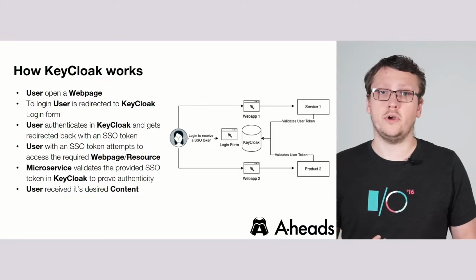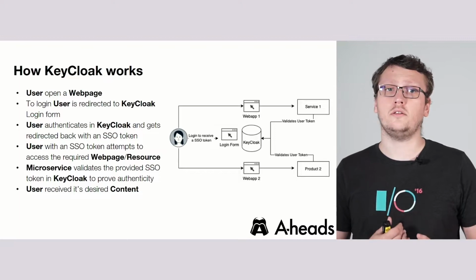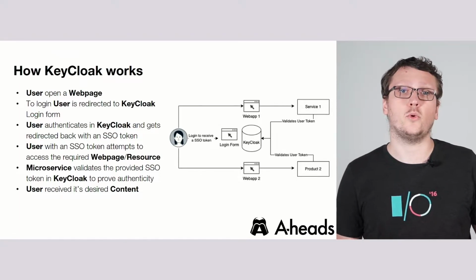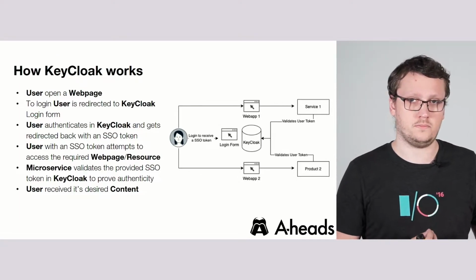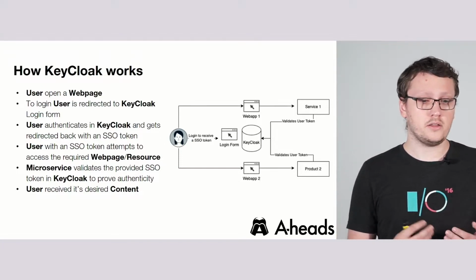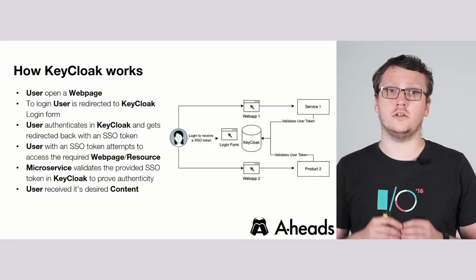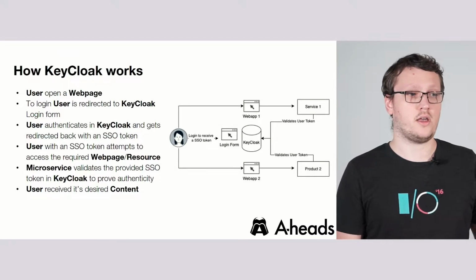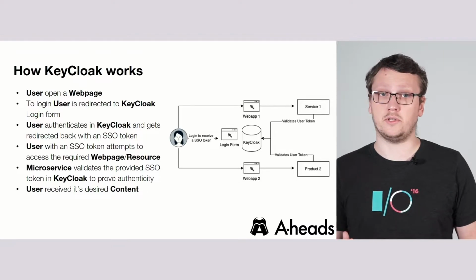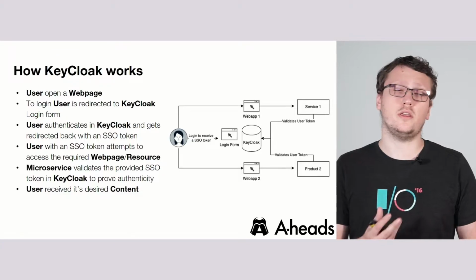At that point, the web app can see that a person is not logged in and redirects us to a Keycloak login form. A user can enter her or his credentials, username and password, to Keycloak, and click on the login button. At that point, Keycloak, as an identity management system, validates the identity.